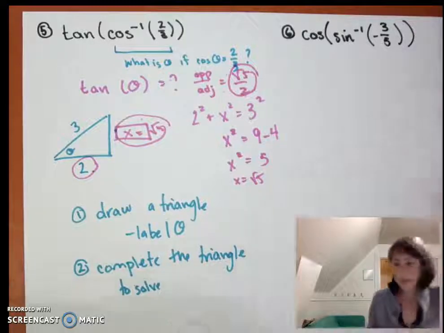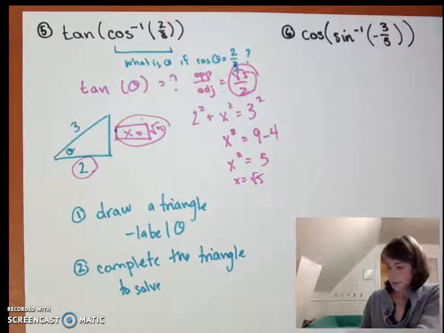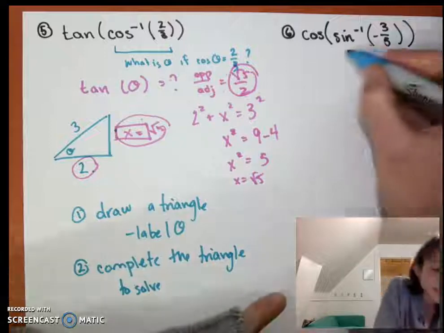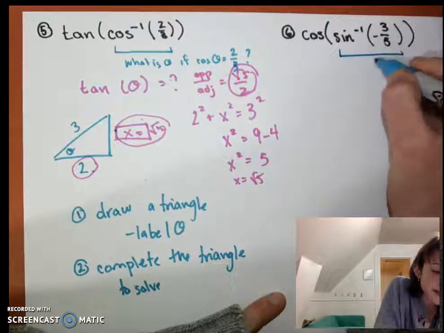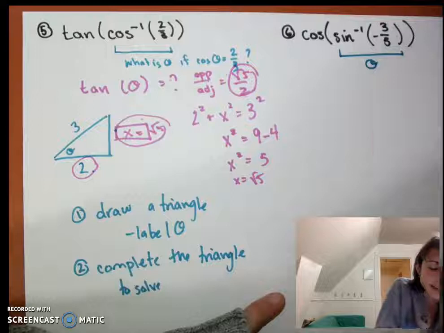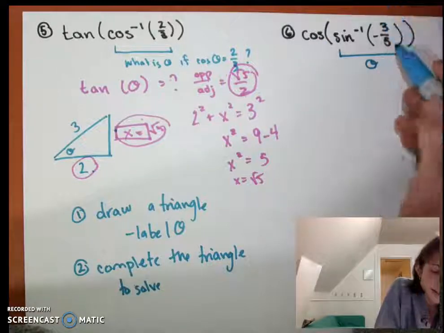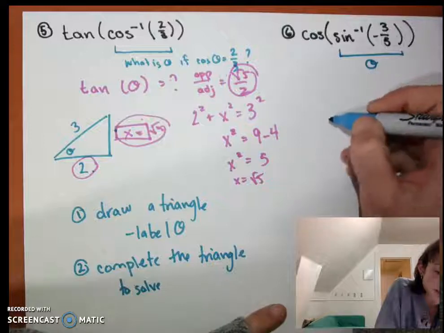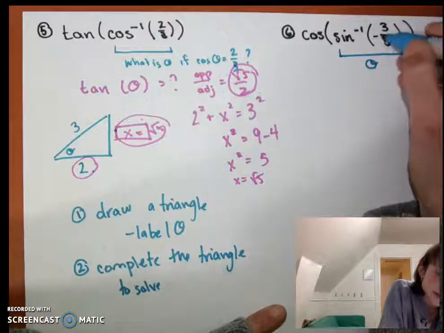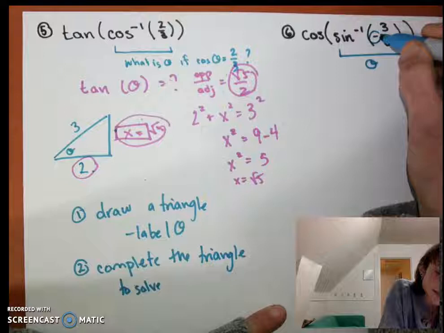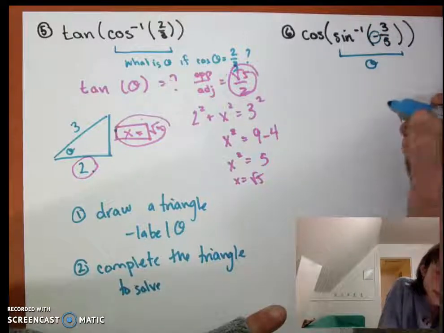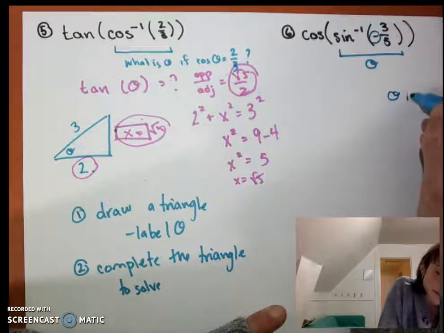Now I'll do a similar thing with this next example. So I call this theta, and then I want to find cosine of theta. I'm going to first draw a reference triangle. Now this one's a little bit trickier because it has a minus sign, which means that theta is in quadrant 2.